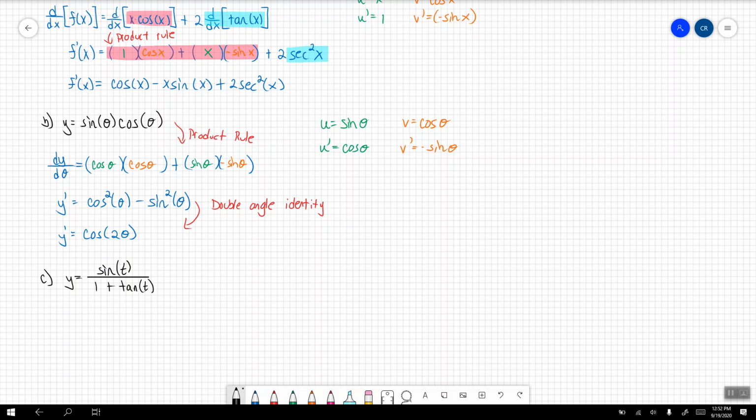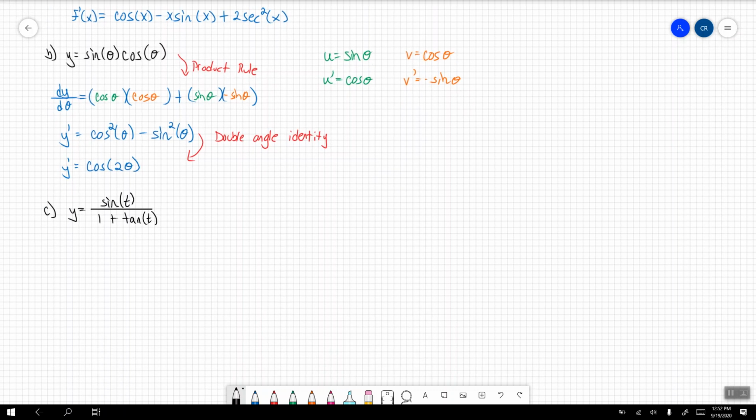So taking this derivative here, again, we're going to identify that we do have this rational function, or in other words, we have this quotient. And in order to take this derivative, we're going to need to use the quotient rule. So I'm going to do the exact same thing that I was doing before. I'm going to identify my u. In this case, my u is my numerator, so that's going to be sine of t.